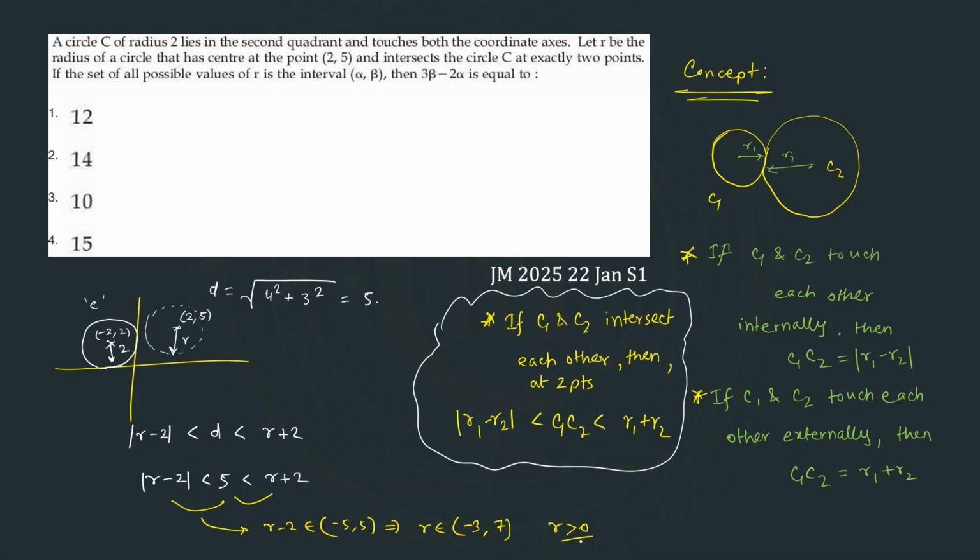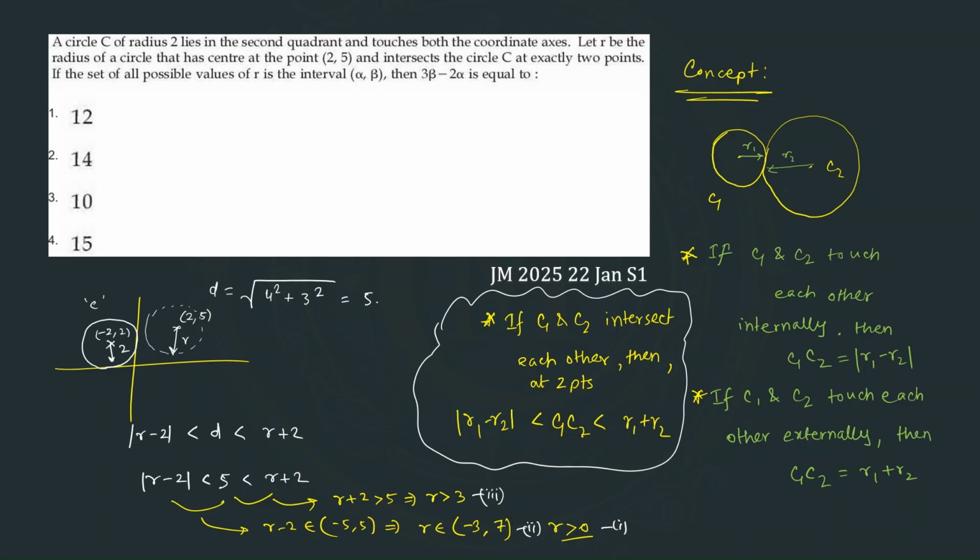So r should be greater than 0. This is our criteria 1, this is our criteria 2, and there is this criteria which is r plus 2 should be greater than 5. That means r should be greater than 3. So this is our criteria number 3.